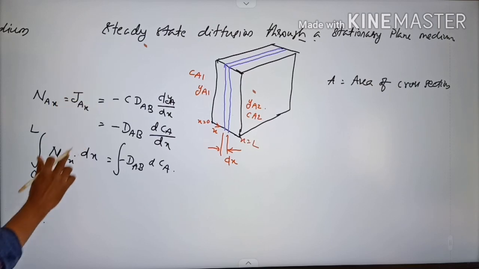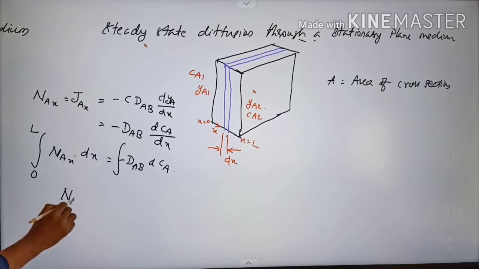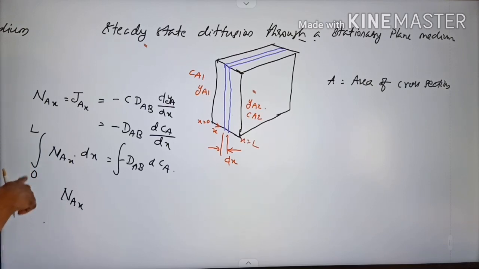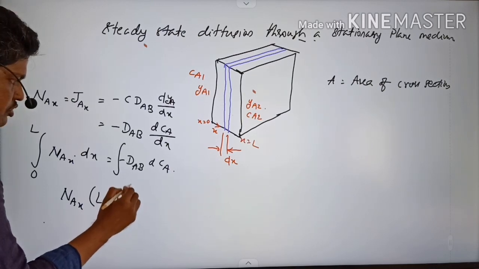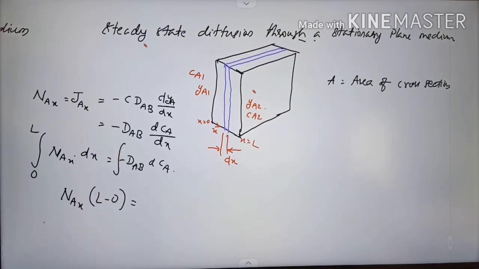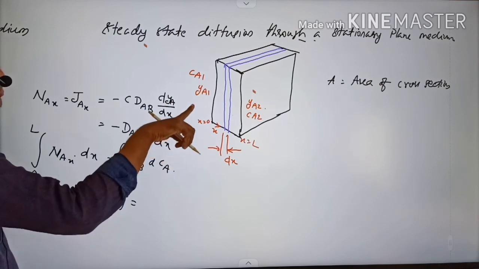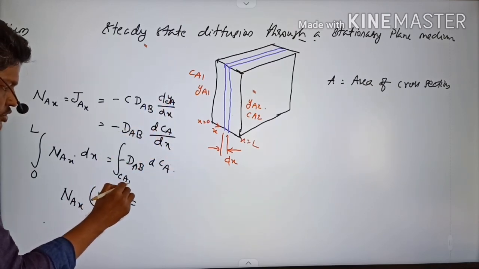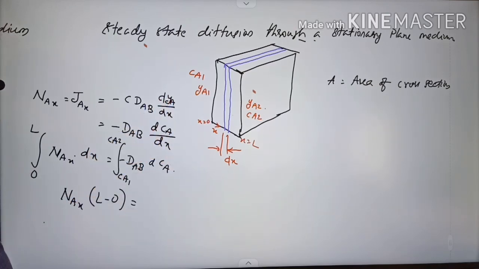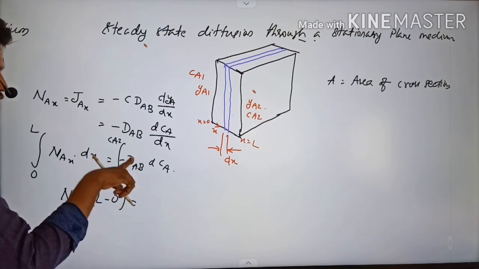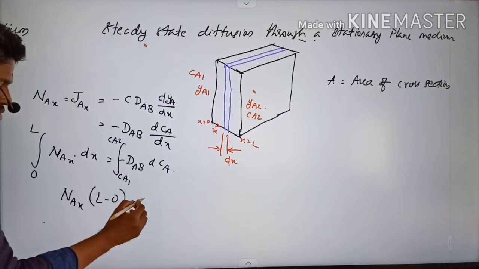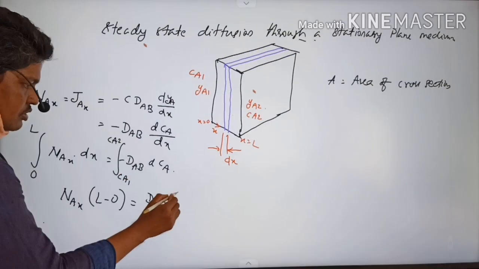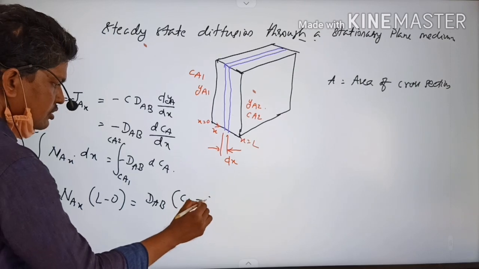Nax is constant for steady state, so it can be taken outside. The integral of dx is x, and applying the limits it becomes L minus 0, which equals, with the concentration varying from CA1 to CA2, CA2 minus CA1, and with the minus outside, dAB into CA1 minus CA2.